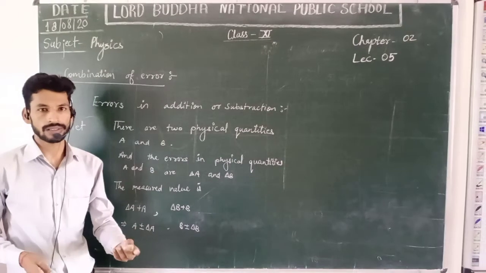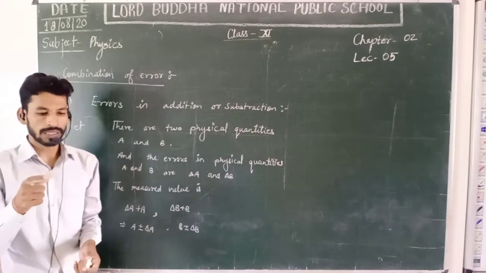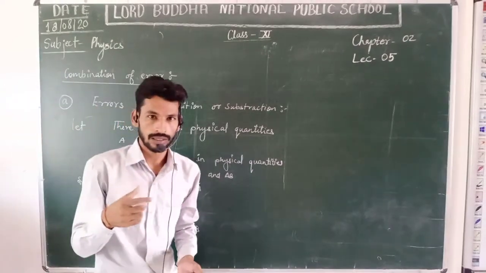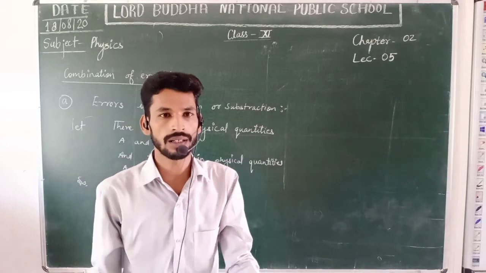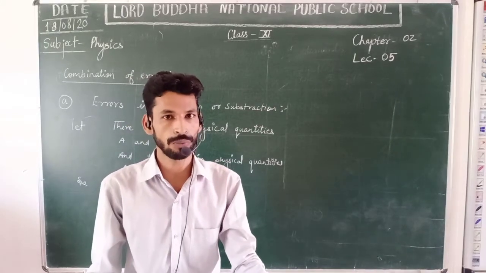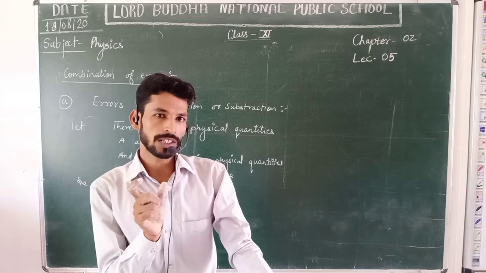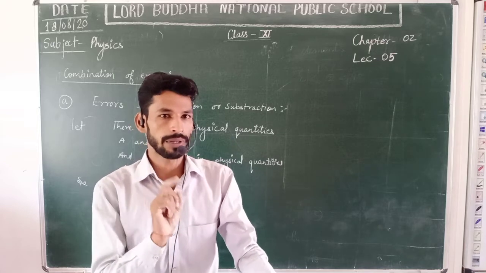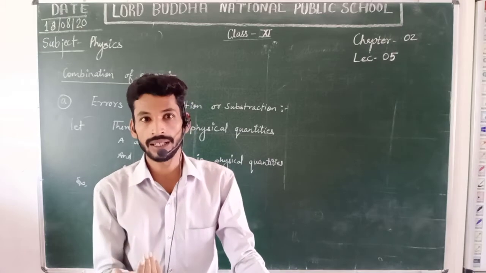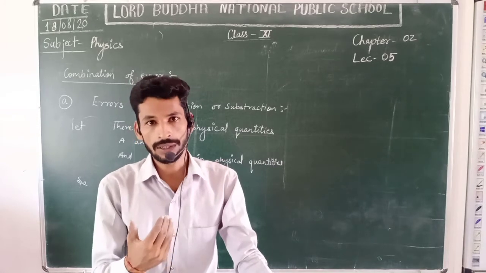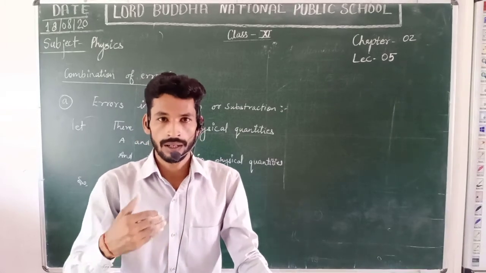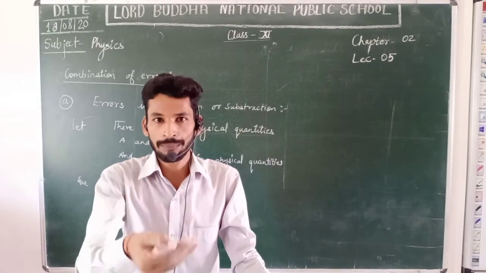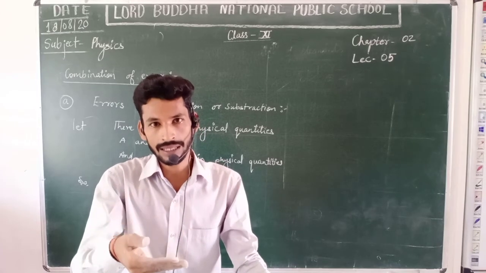This sign indicates that suppose a physical quantity like length is measured by a measuring instrument, and the actual value of this length is 1 meter. When we measure it, the value can be 1 meter plus something, otherwise 1 meter minus something.